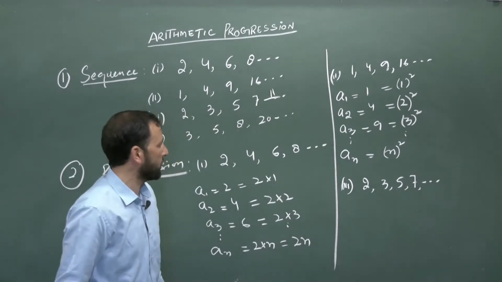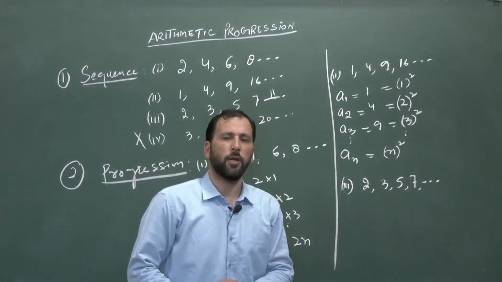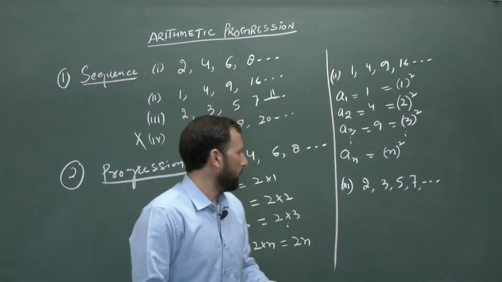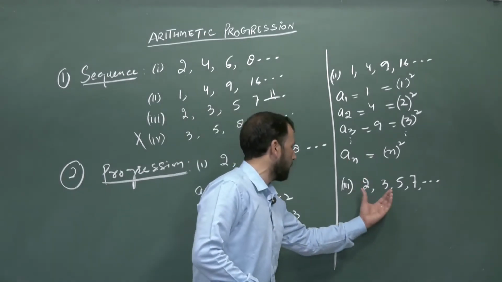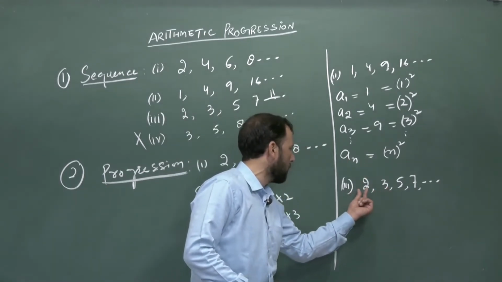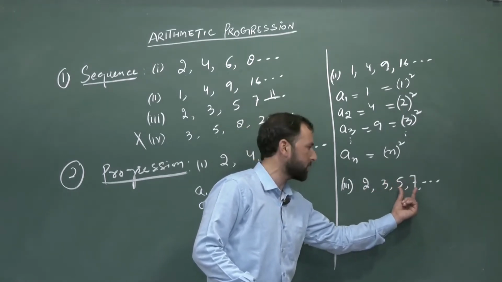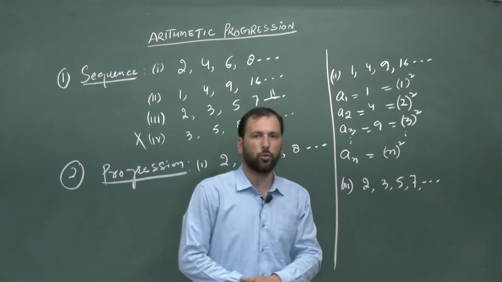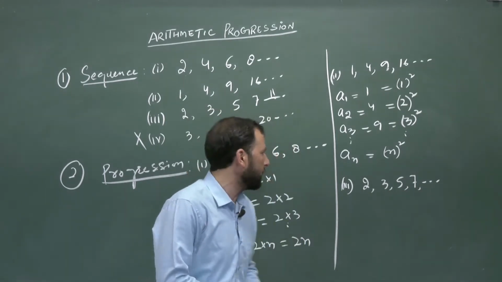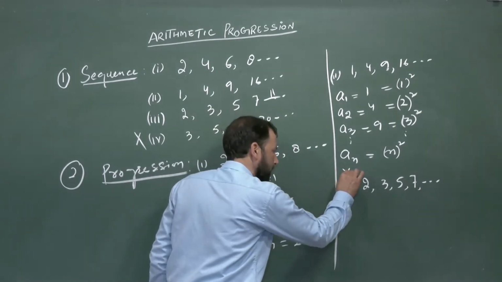Here in this sequence we are not in a position to find its nth term, because there is no mathematical rule. Its first term is 2, then 3, then 5, then 7. We are not in a position to describe its nth term, so this one is not a progression.